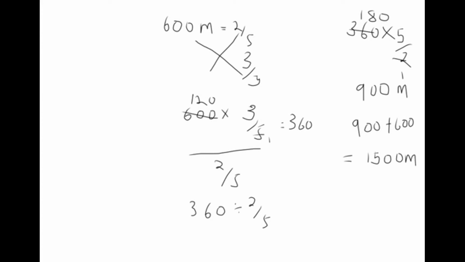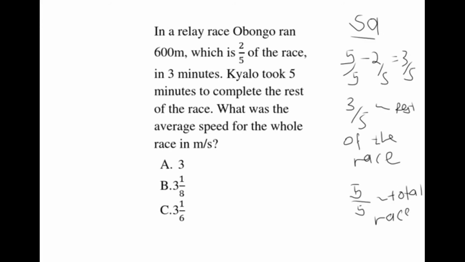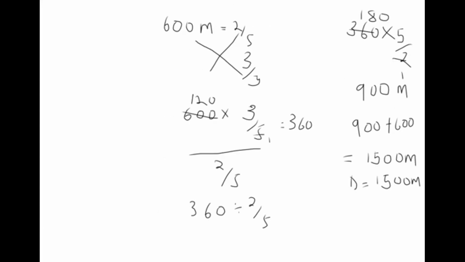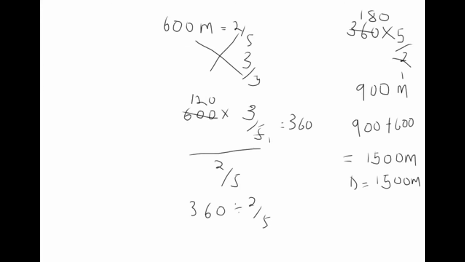Then these now will be the distance, 1500 meters. Then time, we take these 3 minutes plus 5, we get 8. 3 plus 5, we get 8 minutes.